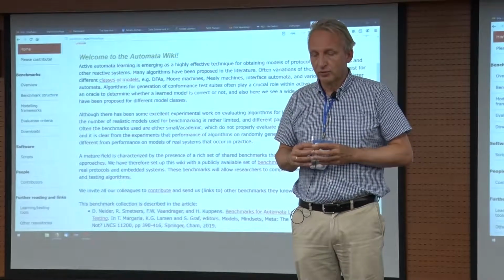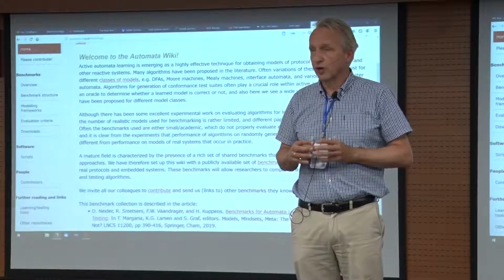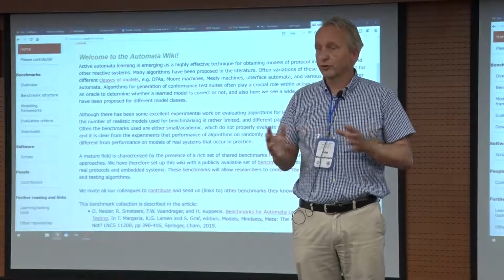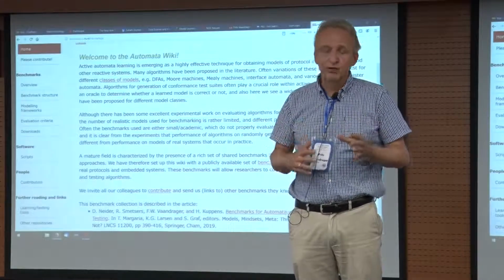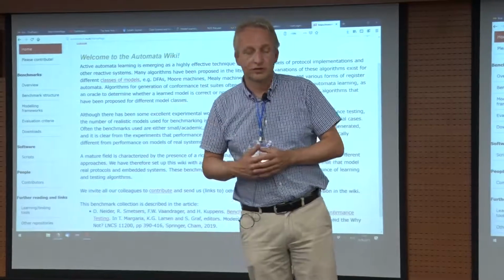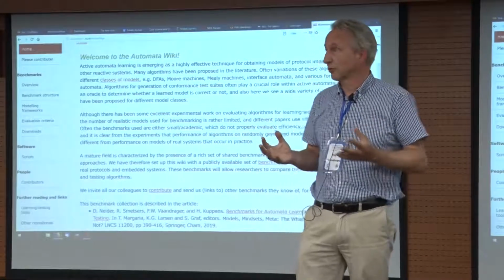And by now we see that there are dozens of different learning algorithms. I outlined a bit the L-star algorithm, but different authors have proposed different algorithms which perform better in certain cases, maybe not so good in other cases.